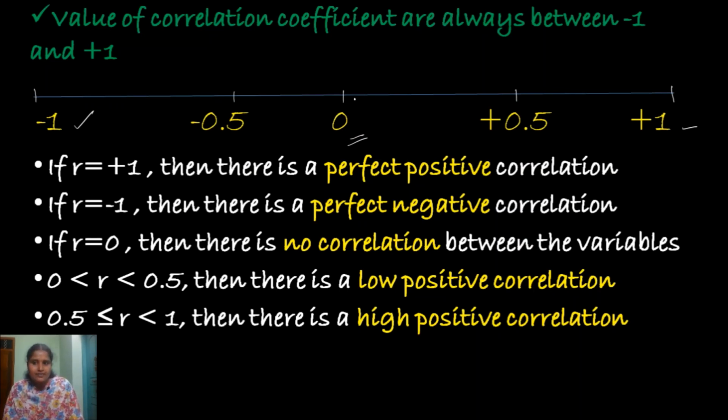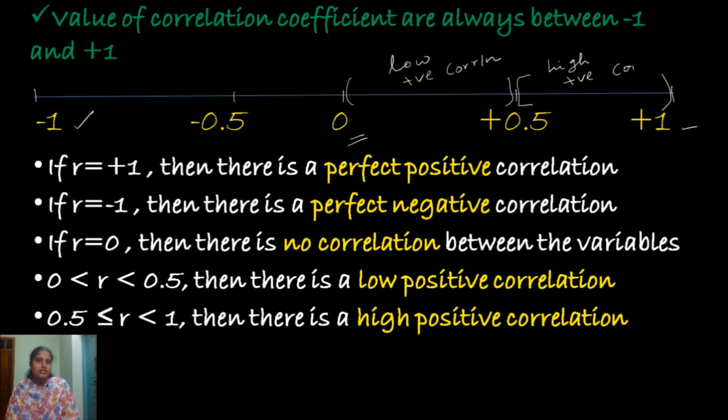If r takes the value 0 to 0.5, except 0 and 0.5, then there exists a low positive correlation. If r takes the value 0.5 to 1, except 1, then there exists a high positive correlation.